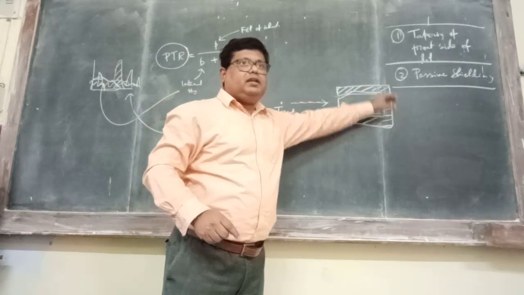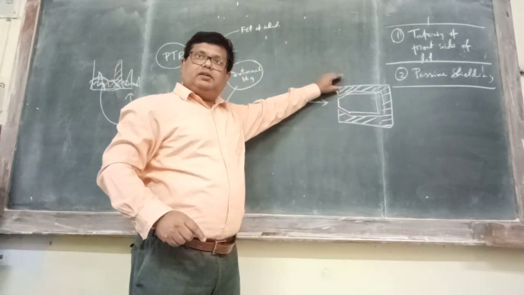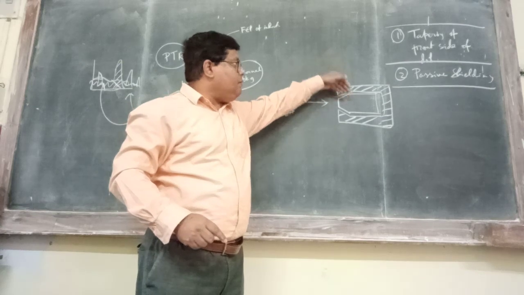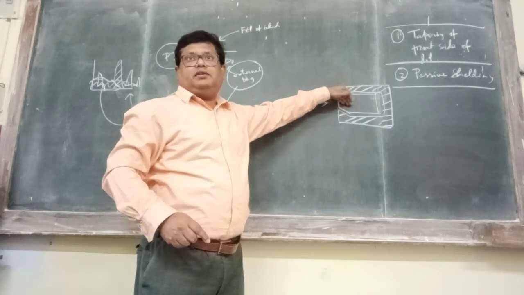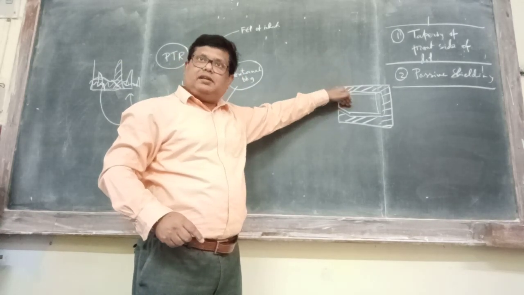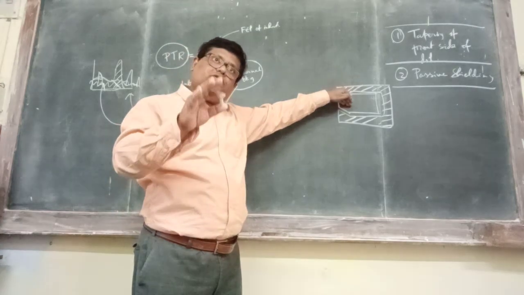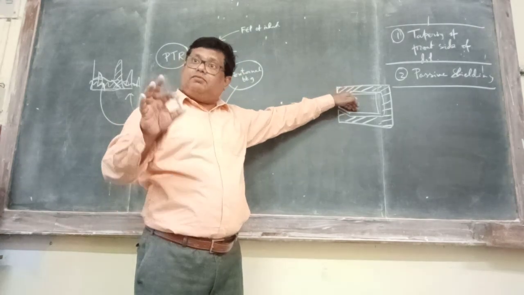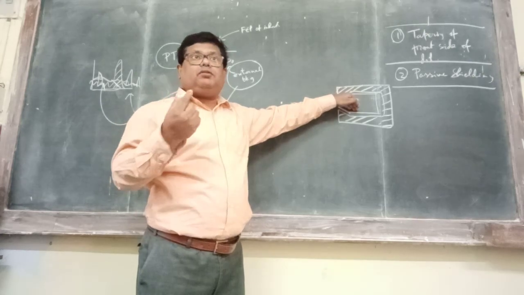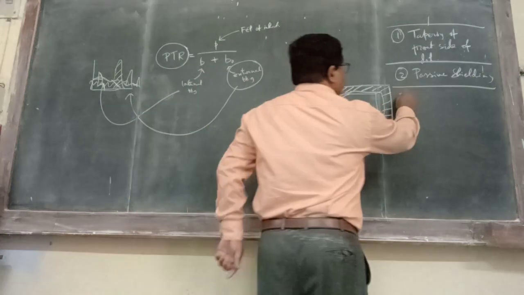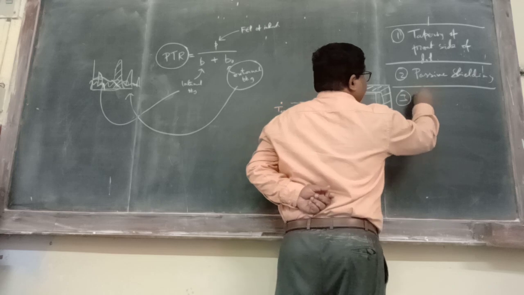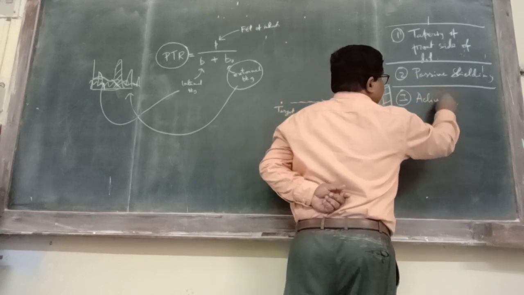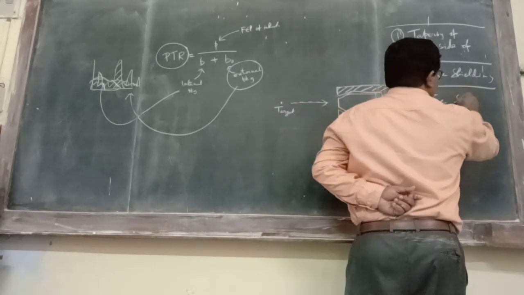You may use a very thick shield, but even so there will be gamma rays which enter over here after some scattering. Of course they will be reduced, but some will get in, and that will be a nuisance. So how to get rid of this? The third technique is active shielding. This is what I taught you in the last class.